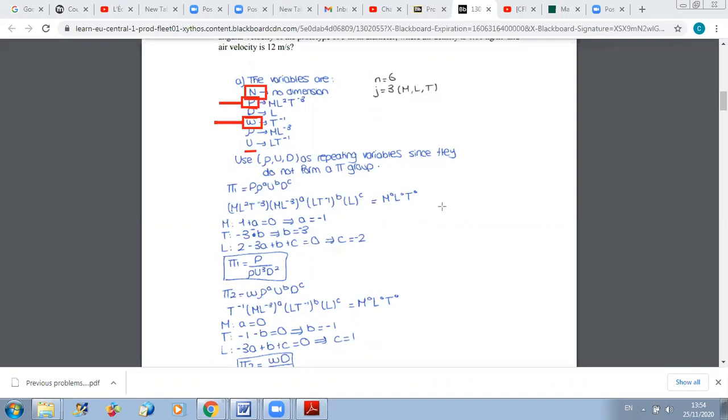Because it's a group, no dimension. So it's equal to M to the power 0 times L to the power 0 times T to the power 0. Okay?